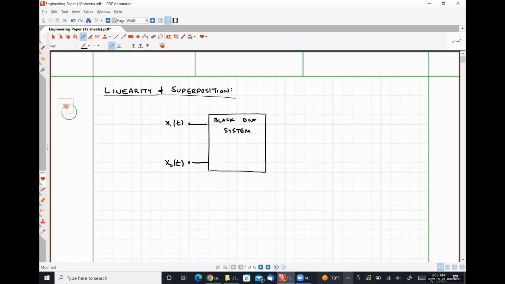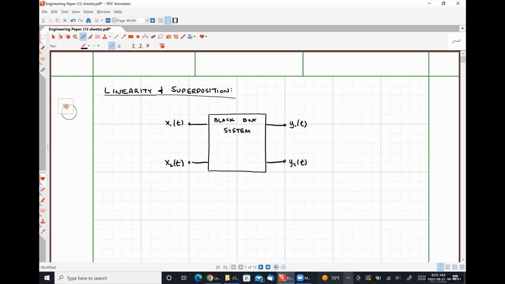So we apply some sort of source to our system. And on the output side, we have our responses. Y1 of t and Y2 of t, where Y represents the response that is generated within our system due to our input. So this could be a current or voltage that we measure in our system, okay?